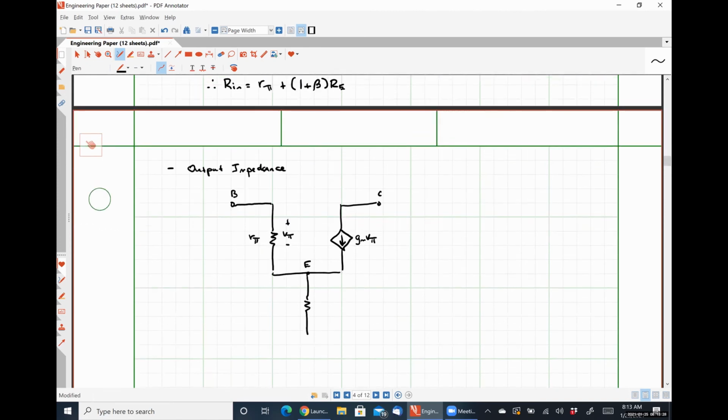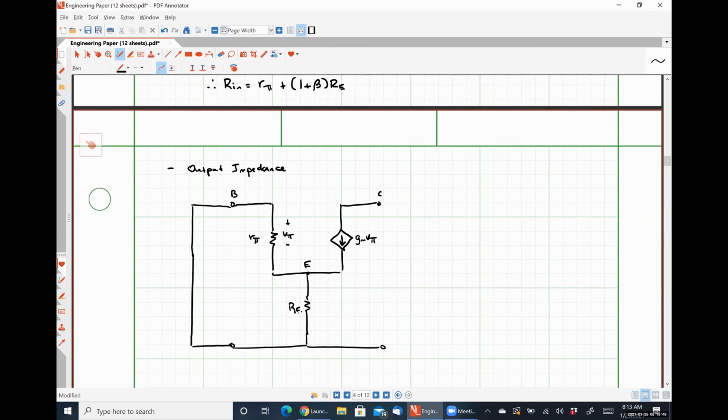And I put my resistance between my emitter and ground. Because I'm measuring the output impedance, I need to short circuit my input terminals. So I place a short between the base and ground.